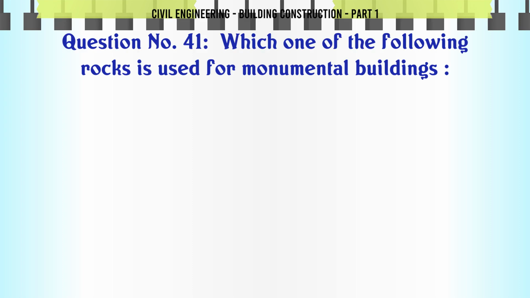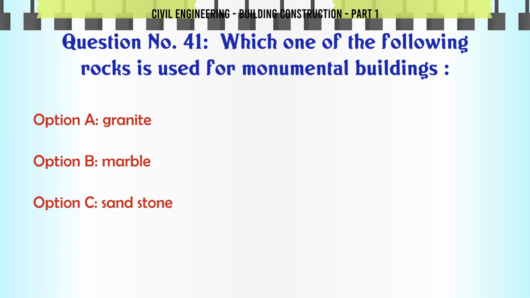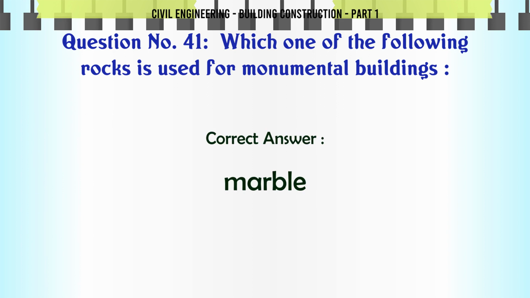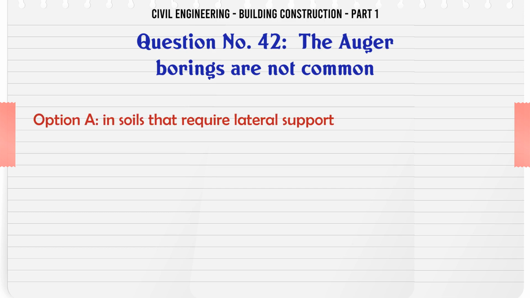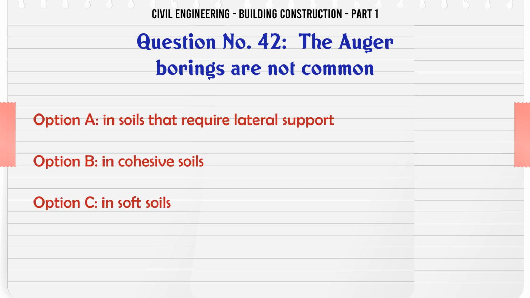Which one of the following rocks is used for monumental buildings? A, Granite, B, Marble, C, Sandstone, D, Slate. The correct answer is marble. The auger borings are not common A, in soils that require lateral support, B, in cohesive soils, C, in soft soils, D, none of the above.